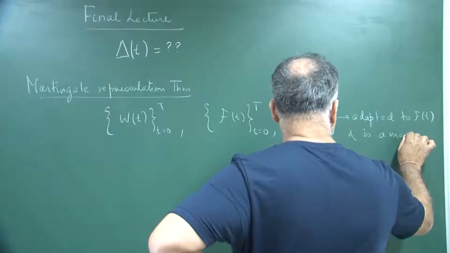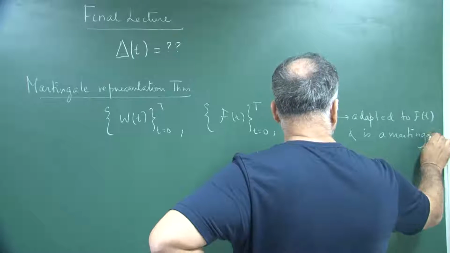How does the Martingale representation theorem say I represent the martingale?